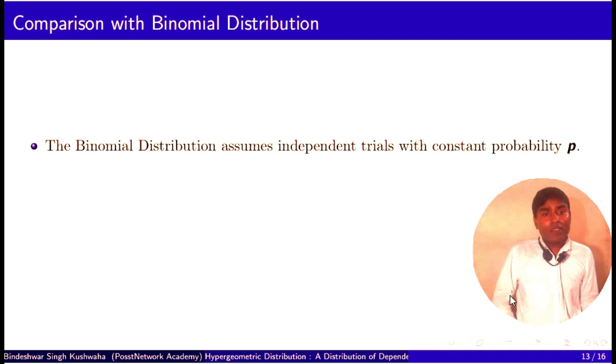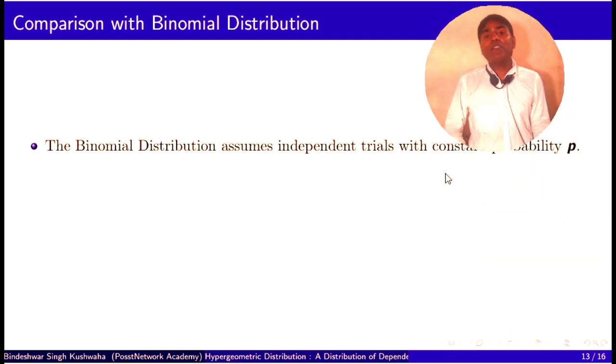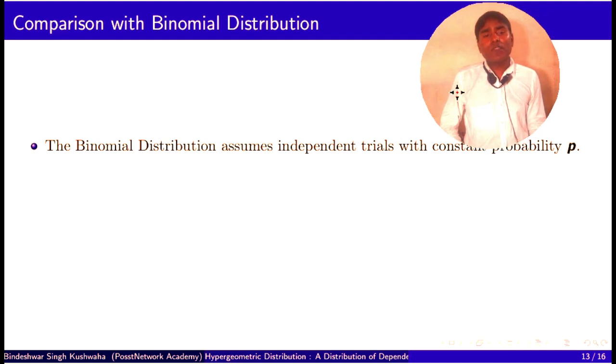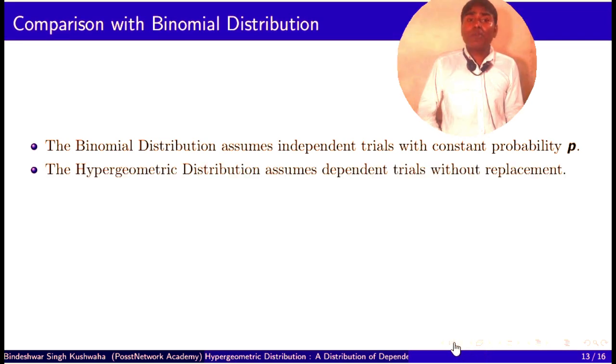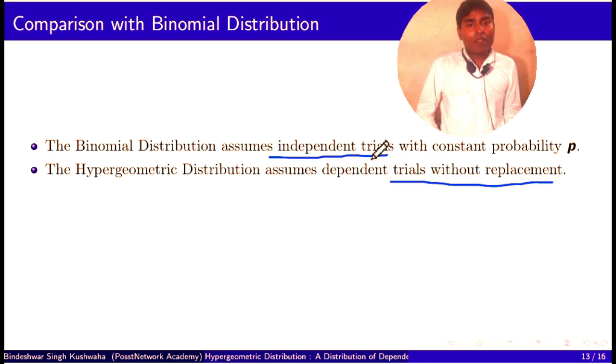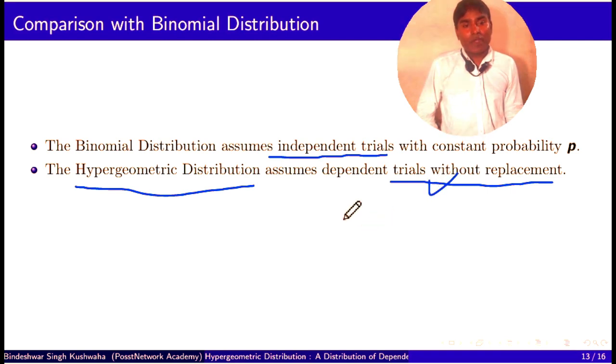If we compare it with the binomial distribution, the binomial distribution assumes independent trials with constant probability, and the hypergeometric distribution assumes dependent trials without replacement. This is the major difference if you want to understand the hypergeometric distribution.